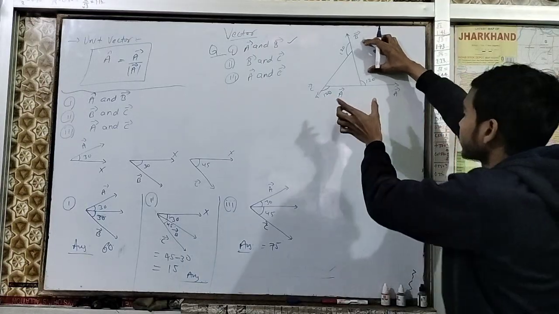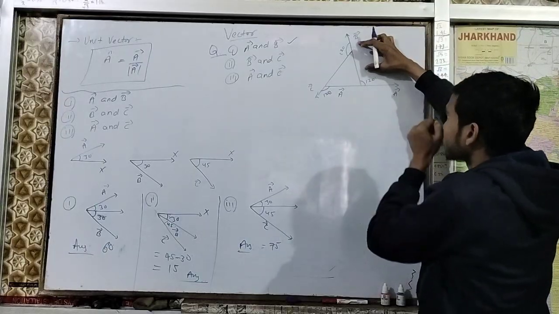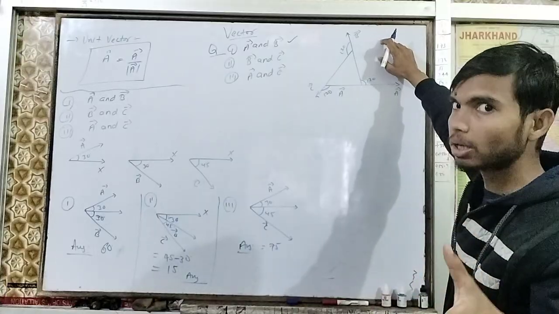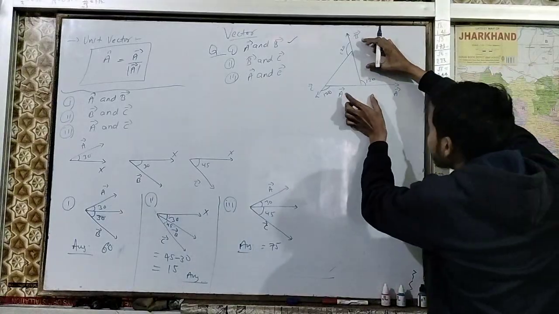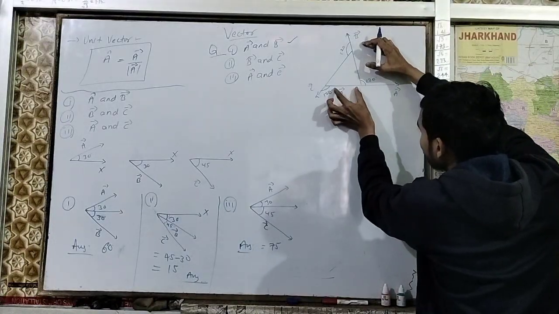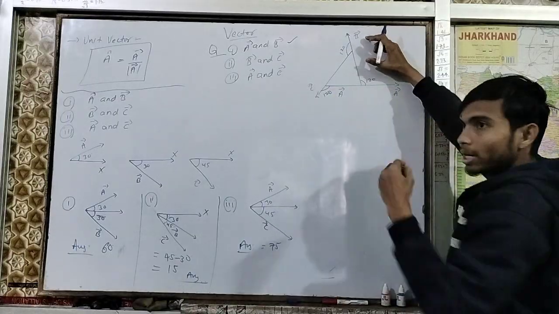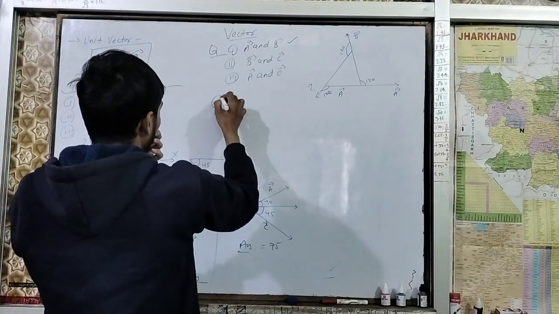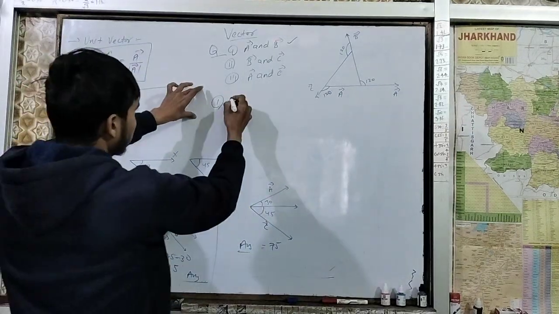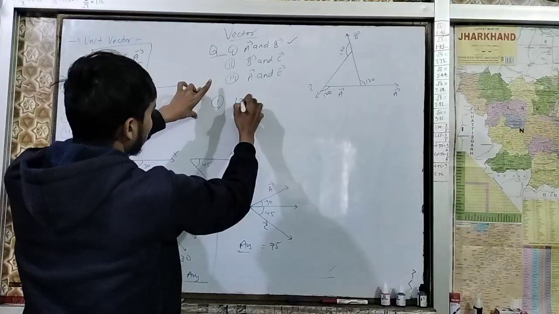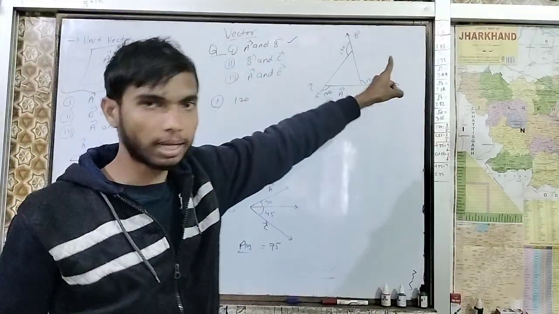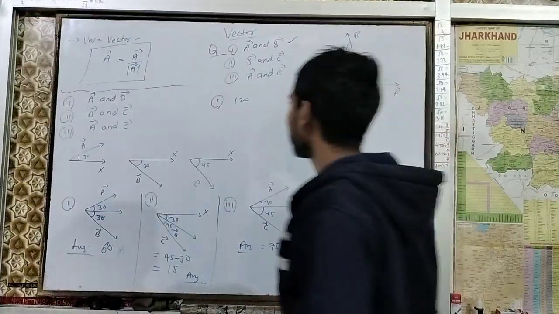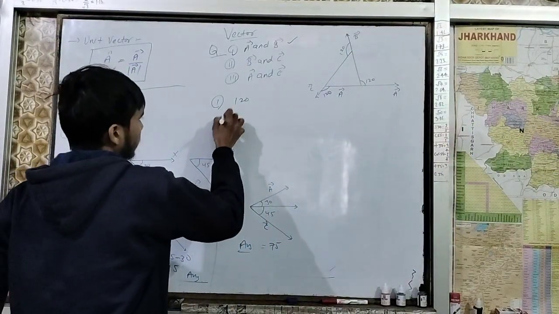You can see this A vector and B vector are connected to each other, tail to tail or head to head. Answer is yes. If you shift this over here, what angle will you get? 120. So the answer for the first is 120, angle between A vector and B vector, and the connection is correct.